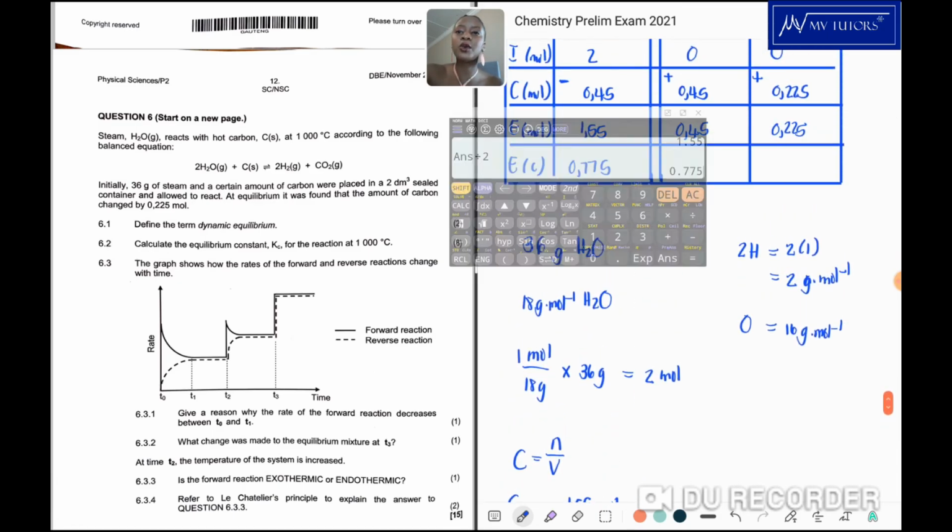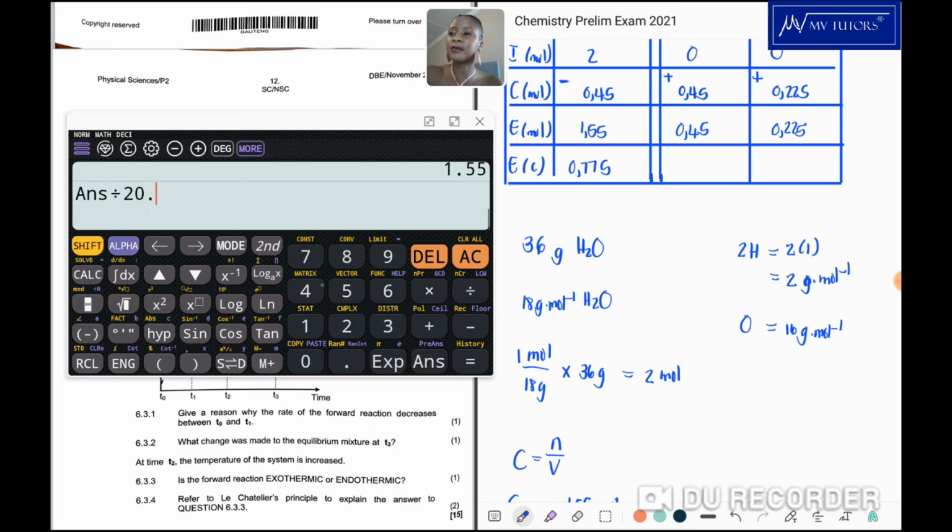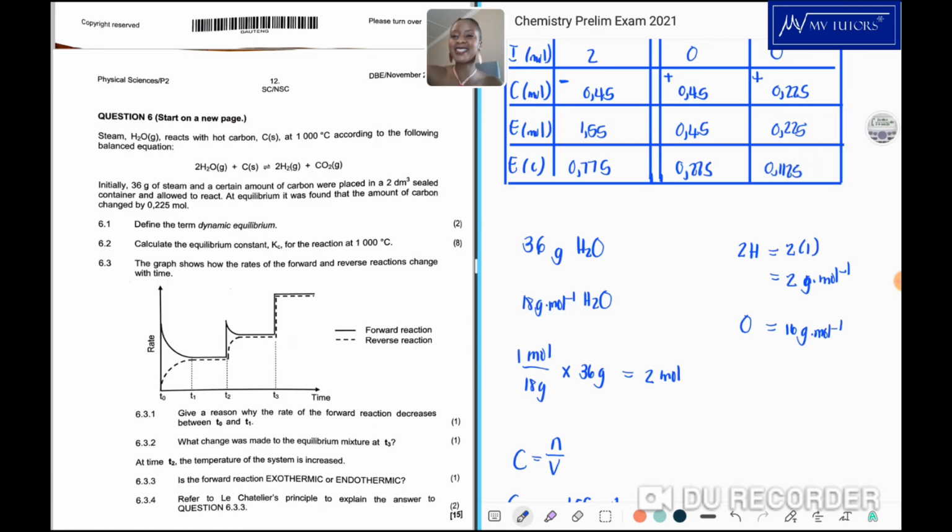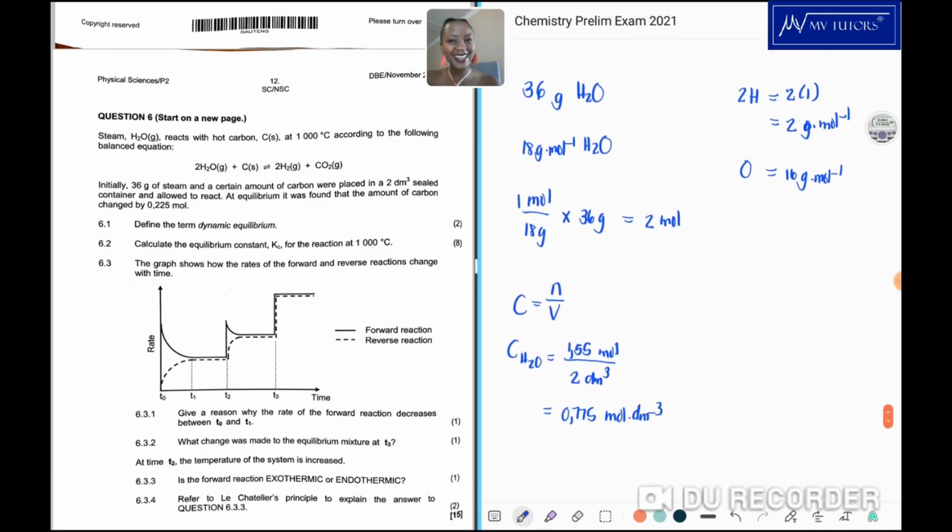So 0.45 divided by 2 is 0.225, and then 0.225 divided by 2 is 0.1125. So we have our concentrations. Wasn't this nice? Well, it's nice if you know what you're doing.